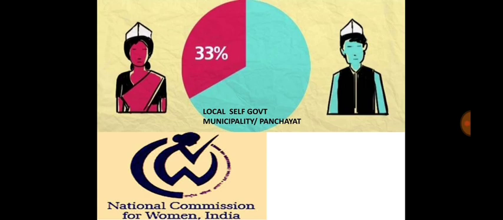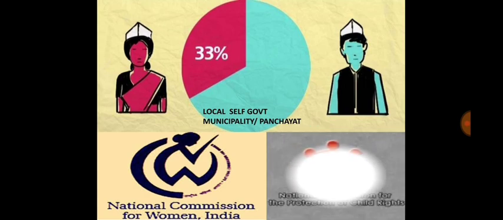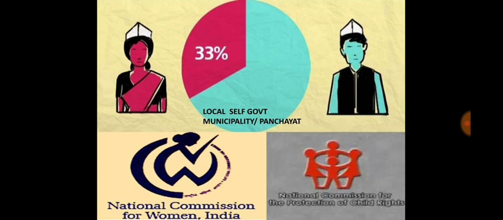There is the National Commission for Women of India, and the National Commission for the Protection of Child Rights, because a child does not have power or is not mature enough to raise their voice. So we devised a new mechanism by which we can include their voices and grievances through the National Commission for Protection of Child Rights.